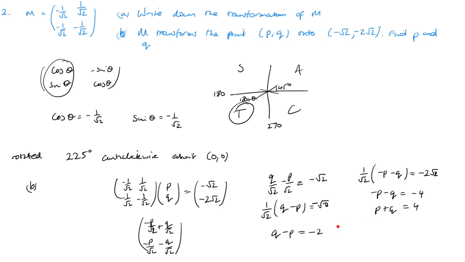Now add these two together, the Q's will give me 2Q. So it's equation 1 and equation 2, and we're adding them. So we get 2Q, the P's will cancel, and 4 and minus 2 is 2. So Q equals 1, therefore P equals 3. And there we have it for P and Q.